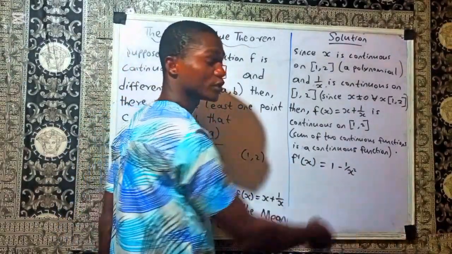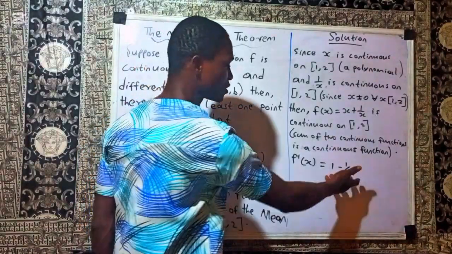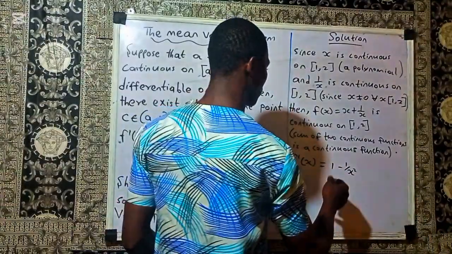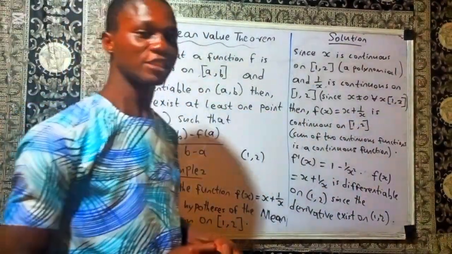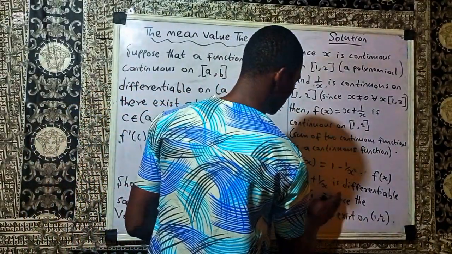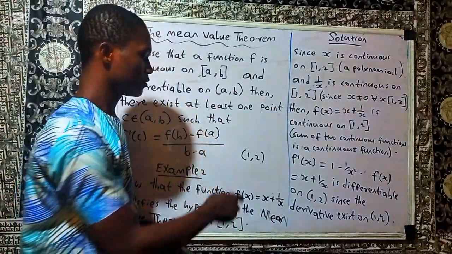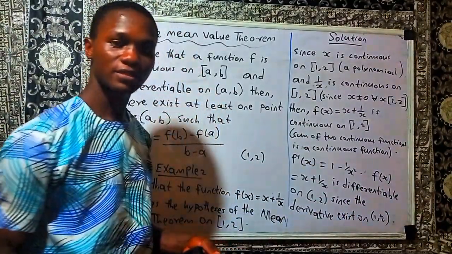If x is 0, you'll be having 1 over 0, which is infinity. So x is not 0, so we cannot get infinity here, right? So we are making this statement that this function is differentiable on the open interval because the derivative exists. As you put numbers between 1 and 2 and substitute for x, you always get real numbers.